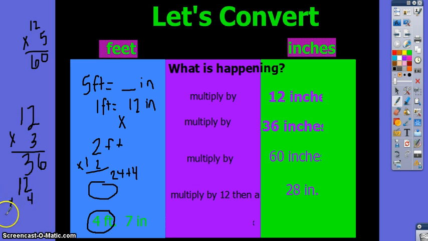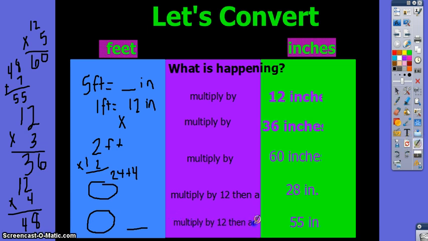You should work this in your jam journal and see what you get. 12 times 4 is 48. But now I have to add these 7 other inches on. So 48 plus 7 equals 55. 55 inches. Move this over, 55 inches. So what did we do? We multiplied by 12, then we had to add on the 7 other inches.